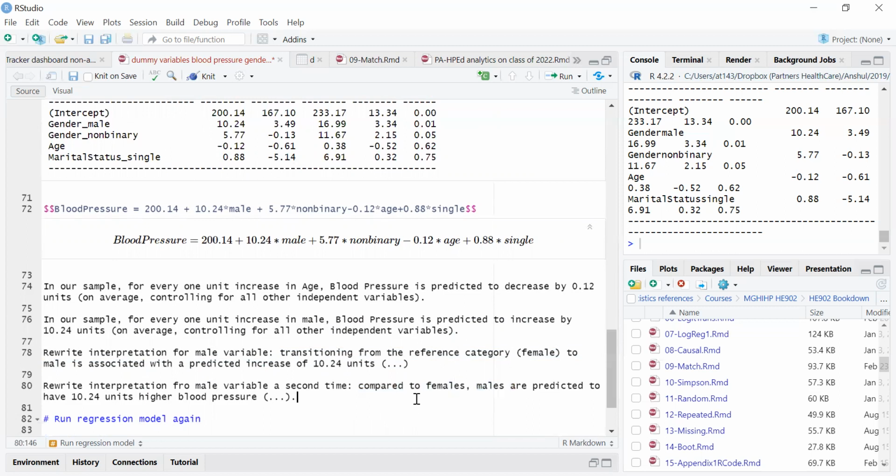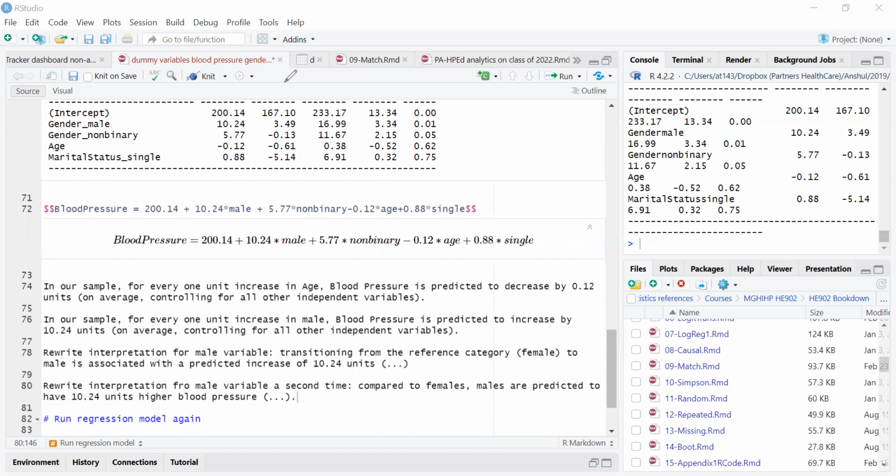So the final way to think about it is that the estimate for a dummy variable in a regression result is the difference between the category for which the dummy variable is coded as a 1 and the reference group, the one that's left out, which in this case is females.